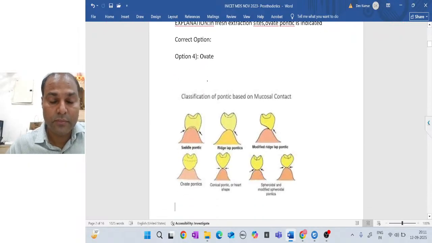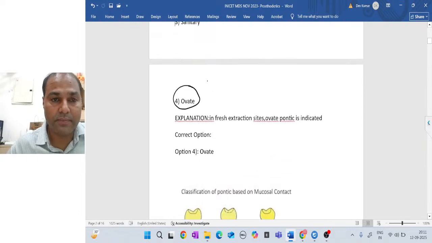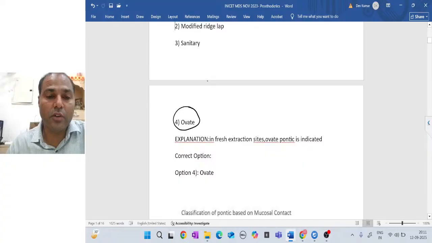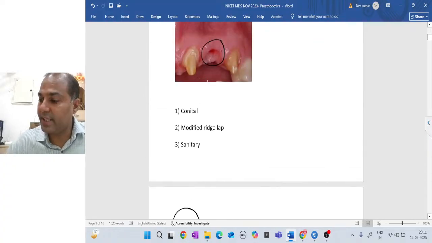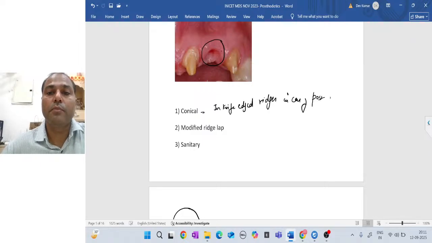The other choices are not correct, because conical pontic is given in knife edged ridges in case of posterior mandible.